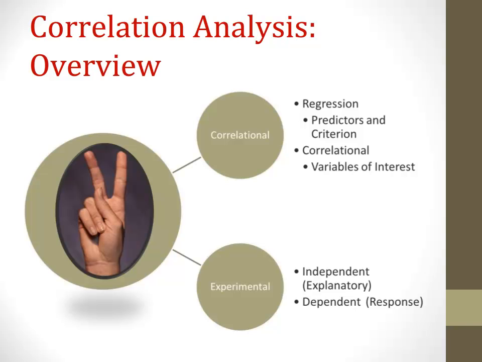There are situations where they don't want to explore the cause and effect relationships, and therefore they just focus on variables of interest or criterion and predictor variables. This is the case when a researcher desires to do a simple linear correlation and regression or a multiple linear correlation and regression. And these are really statistical methods for modeling the relationship between 2 or more random variables.